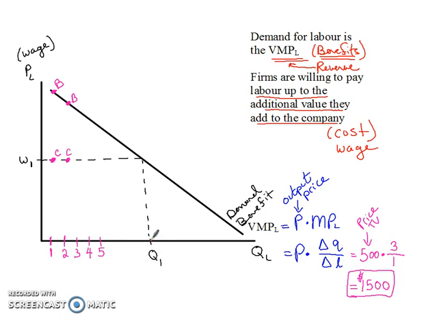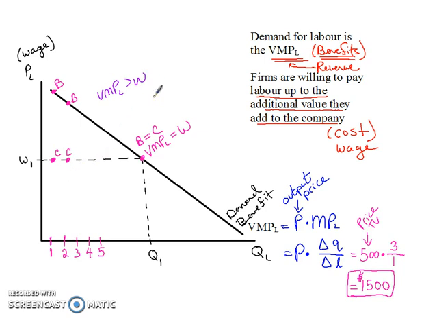Now, why would I hire Q1 workers? Because at Q1, the benefit of hiring the worker is equal to the cost. Another way of saying that is the value of the marginal product of labor, the revenue stream that worker adds, is exactly equal to the wage that I have to pay him. Wherever the value of the marginal product of labor is greater than the wage, which happens over here, you hire the workers.